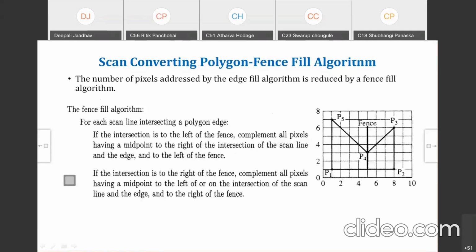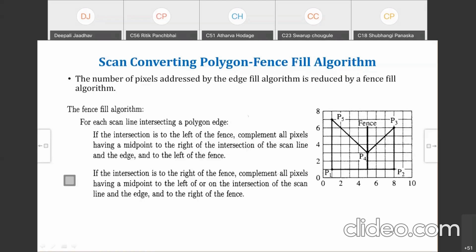Now we move towards the next one, that is the fence-fill algorithm. To remove the disadvantage of the H-fill algorithm, that many pixels are visited many times, the number of pixels addressed is reduced by the fence-fill algorithm. To avoid this, we use the fence-fill algorithm.